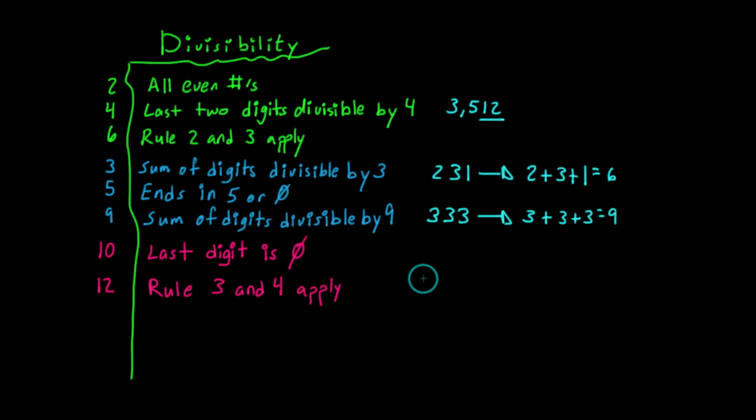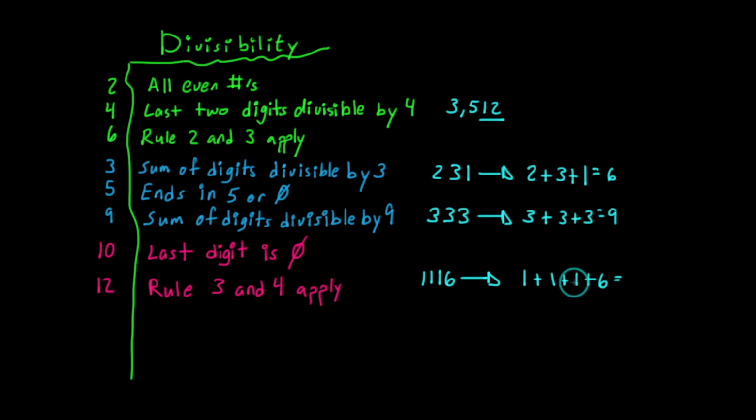Here's an example. What if my number is 1,116? I'm going to look at the rule of 3 first. So the rule of 3 says I've got to take the sum of these digits. So 1 plus 1 plus 1 plus 6.